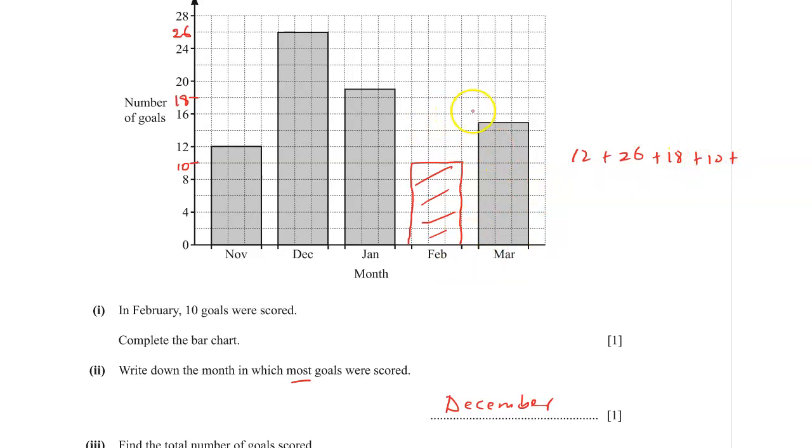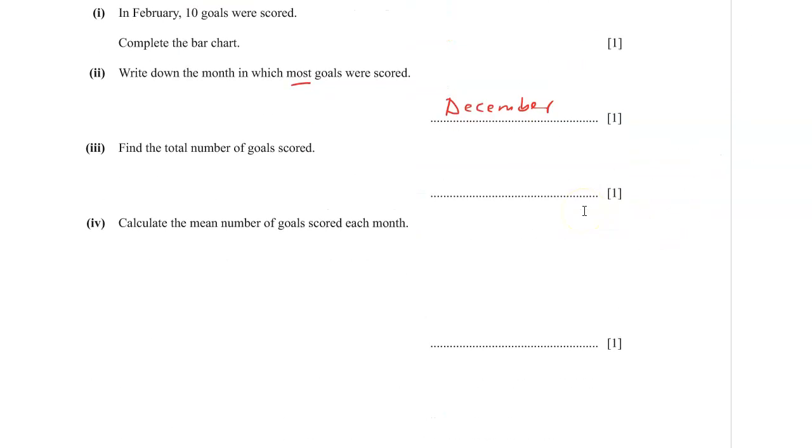And March was, this is 14, not 14 and a half, this is 15. And therefore, this is 15. When you sum them up, you get 82 goals scored. So find the total number of goals scored. Total number of goals scored was 82 goals for those 5 months.